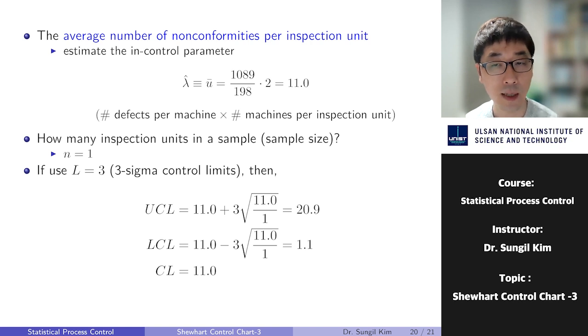And because an inspection unit consists of two machines, lambda hat should be 1,089 divided by 198 times 2, which is 11. In this example, there is no mention of sample size, so we regard one inspection unit as a sample, which means n equals 1. Then we can compute the upper control limit, lower control limit, and center line as shown in the slide.